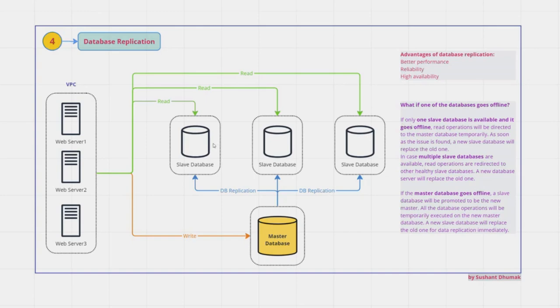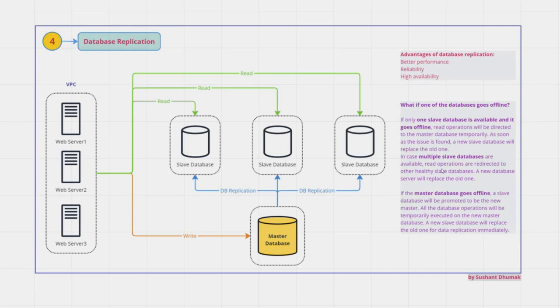If there is only one slave database instead of three and it goes offline, most of the time the read requests will temporarily move to the master database until we restore the slave database. Mostly no one will do that because the master database will be overloaded, but I'm just talking about one use case.